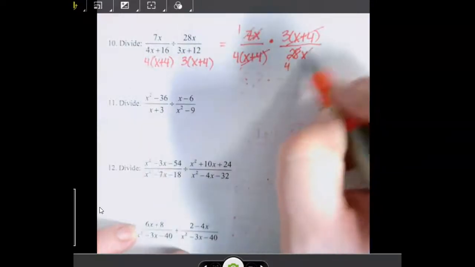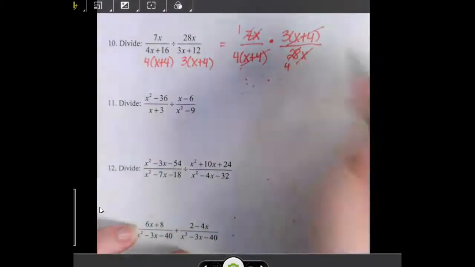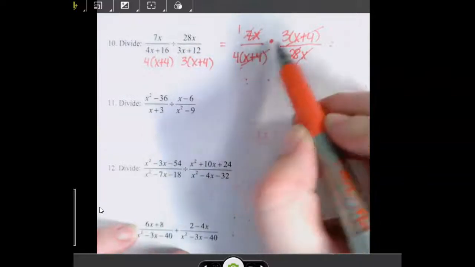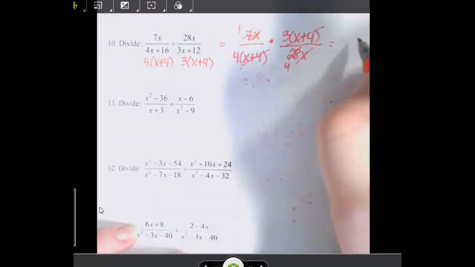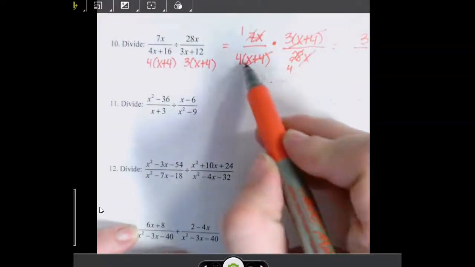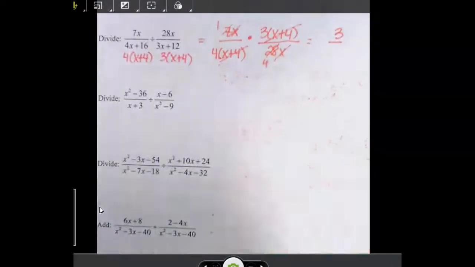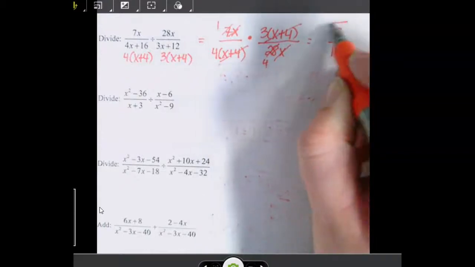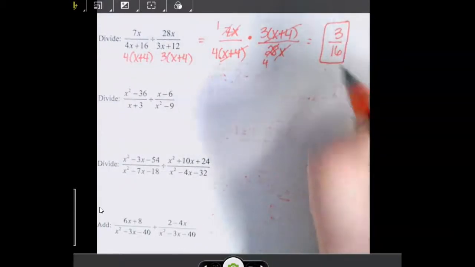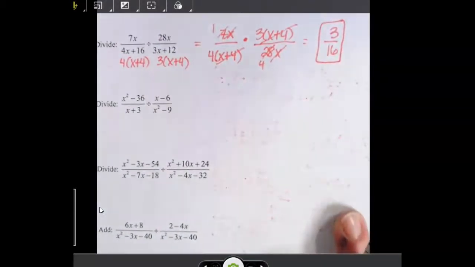The x's just cancel out, 1 over 1. So left I have in the numerator a 3, and in the denominator a 4 times another 4. So that would be 16. So my simplified answer is just 3/16. That's all that's left.